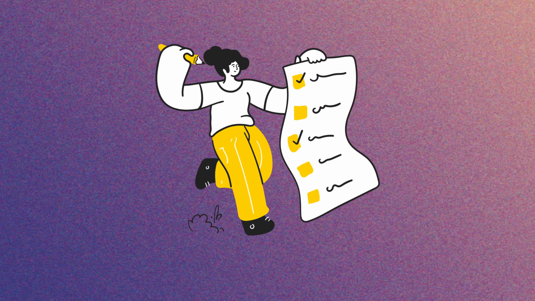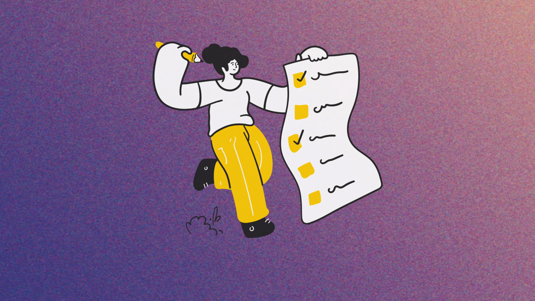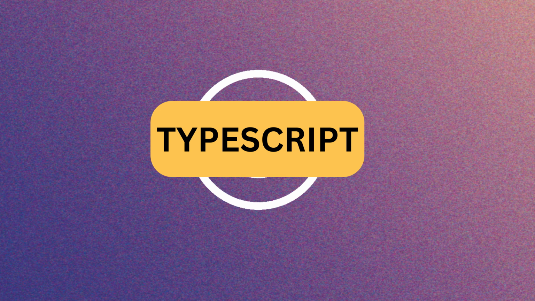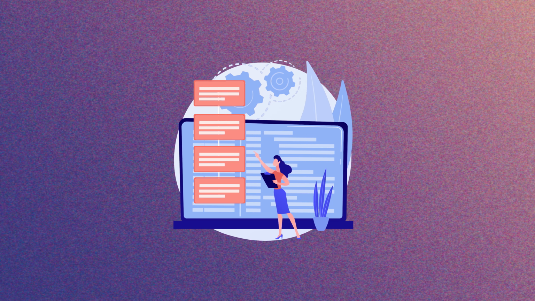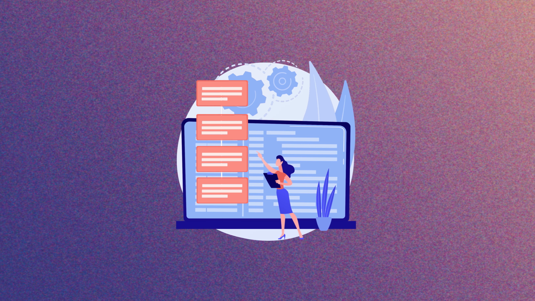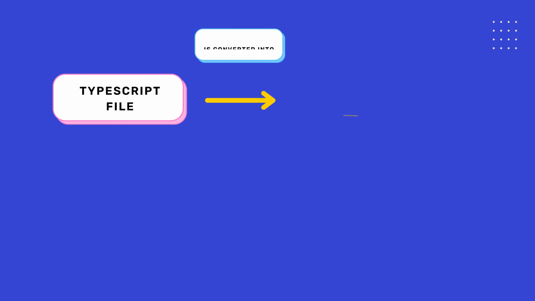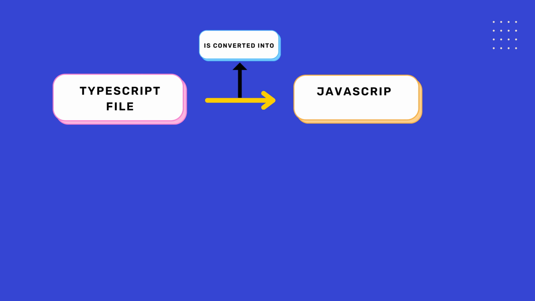With this, we have installed all our required tools to start with TypeScript. That is VS Code, Node.js and TypeScript. Before we write our first program in TypeScript, let's understand how TypeScript works behind the scenes. Here is the sequence. First, you write your logic in TypeScript by using a TypeScript file, which has a .ts extension. This file will be compiled into a JavaScript file, which has a .js extension.